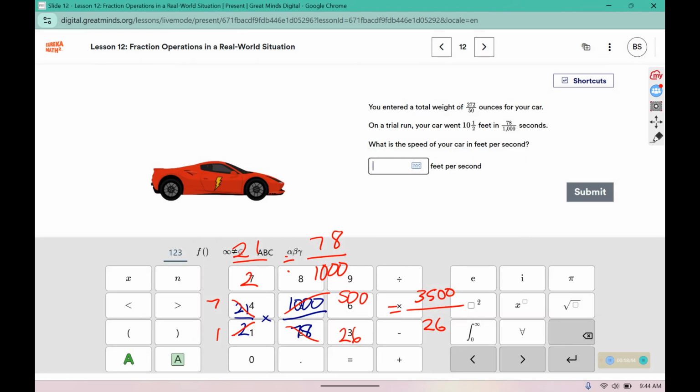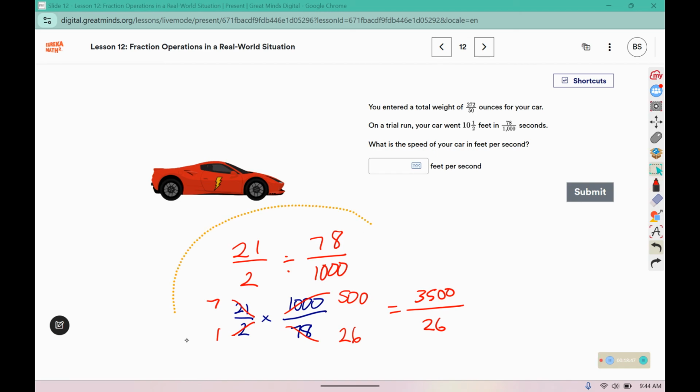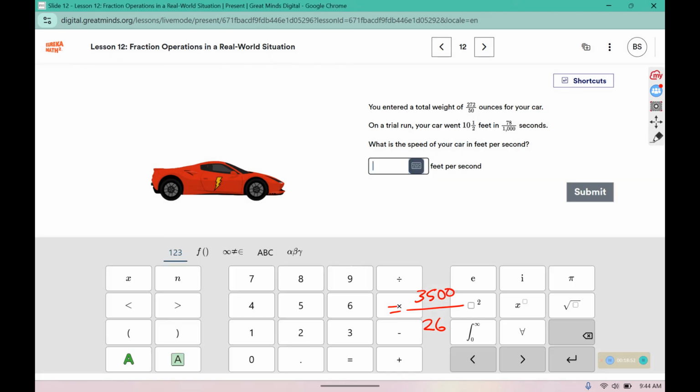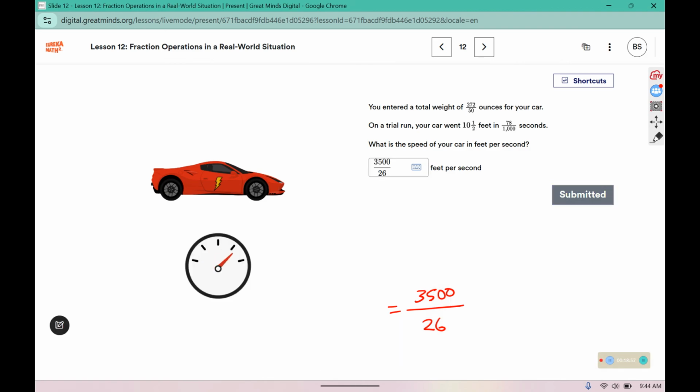So this is, let's clear some of that out so we can see. 3,500 divided by 26. If we wanted to, we can continue to divide that to create a decimal as an approximation. It goes about 134 feet per second. That doesn't sound quite right.